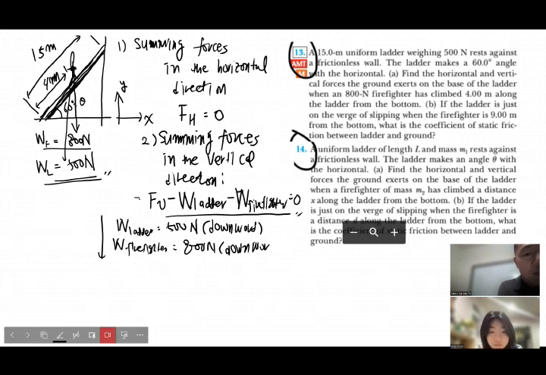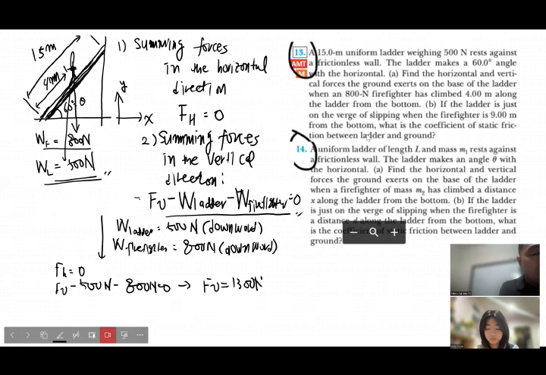There is no horizontal component from these two weights. So F_H is 0 and F_V minus 500 Newton minus 800 Newton equals 0. So F_V, the vertical force, is 1300 Newton. That is the forces created onto this system.